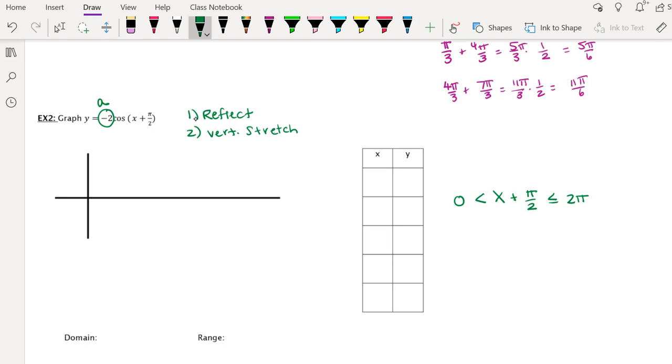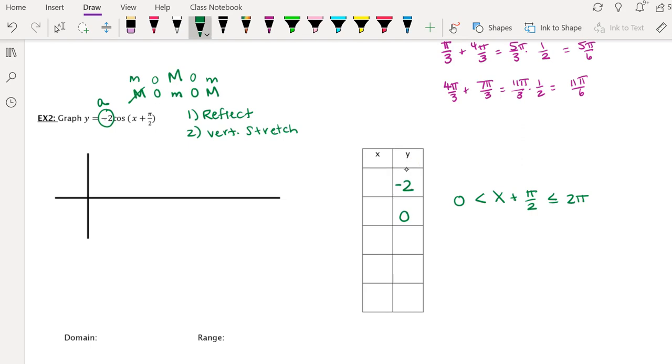When I look at cosine, which normally is max, then 0, then min, then 0, then max, if I flip or reflect it, I actually am at a min, then 0, then a max, then 0, and then a min. So my minimum is at -2, then I'm at 0.